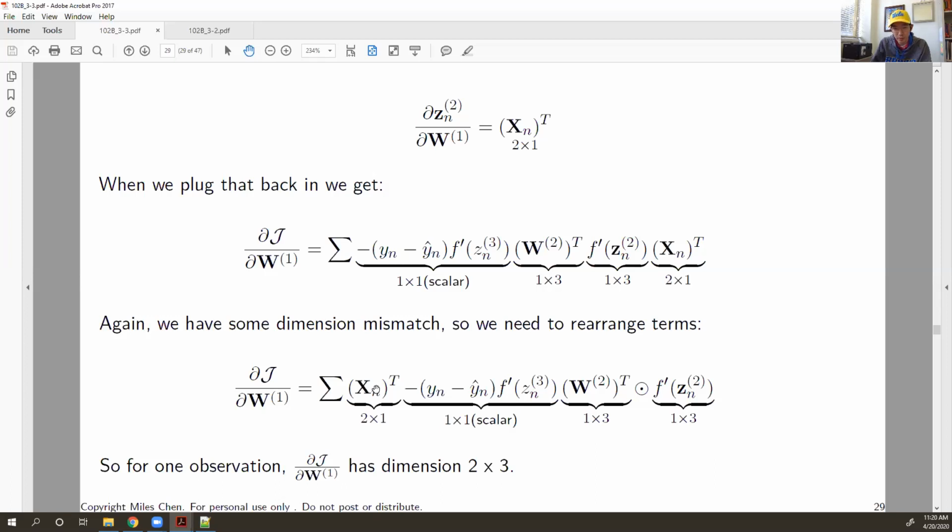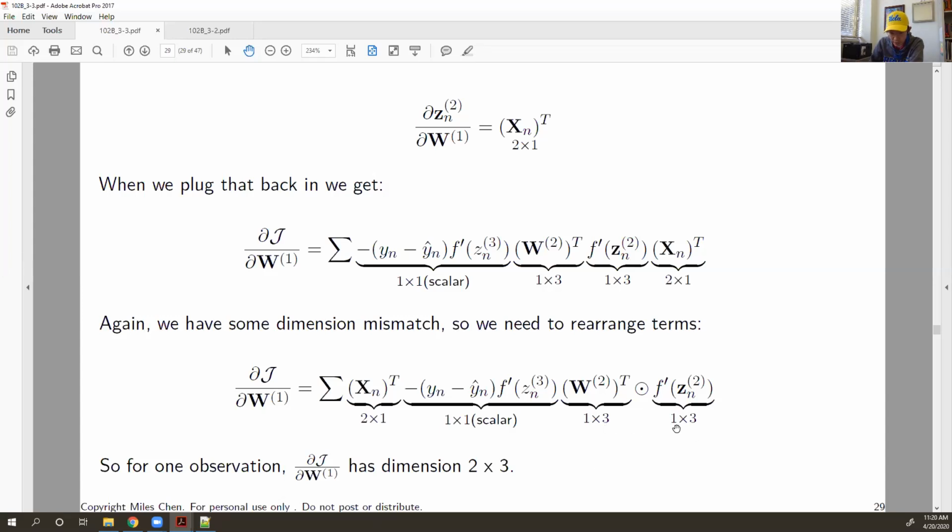I'm going to bring this around to the front. So I've got a 2 by 1 here, multiplied by this 1 by 1 scalar. And then this is a 1 by 3 matrix, and this is a 1 by 3 matrix. And so to multiply them together, I'm going to do element-wise multiplication.